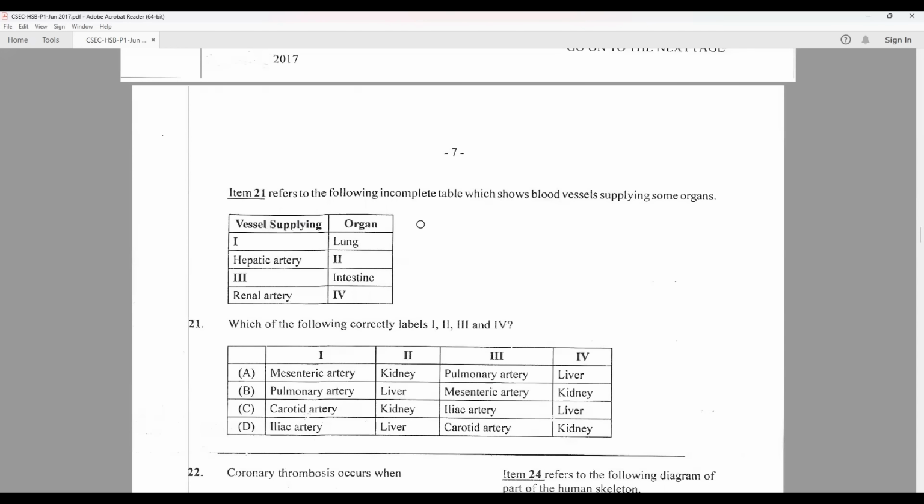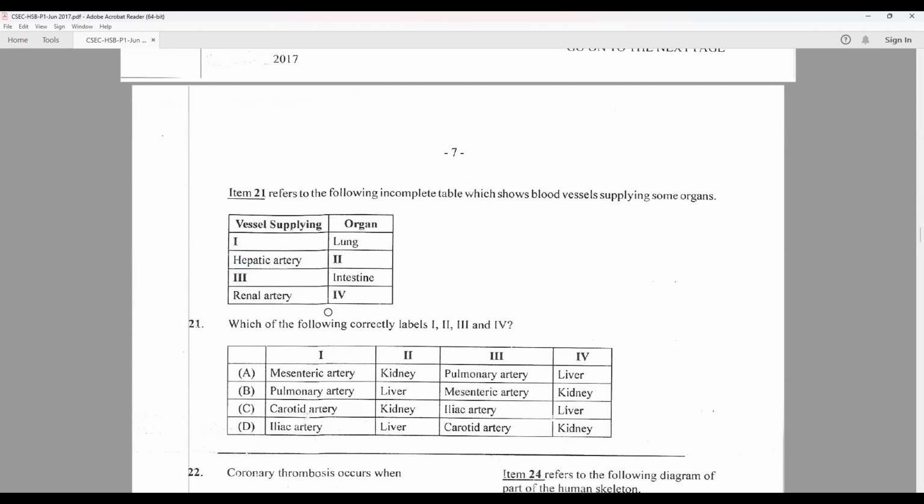Item 21 refers to the following incomplete table, which shows blood vessels supplying organs. We have a blood vessel that is just going to the lung, the hepatic artery is going to 2, 3 is the intestine, and the renal artery is 4. There are 2 giveaways. The lungs, you know that is pulmonary.